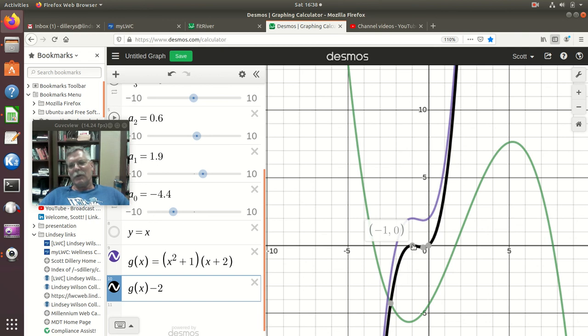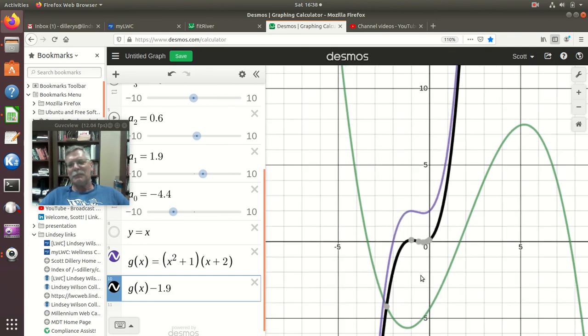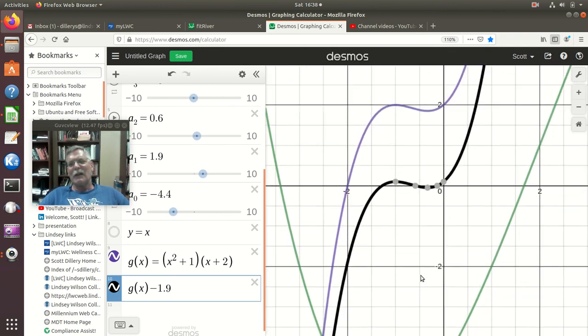One of these, this 0, I think is a double 0. In other words, that's also a little relative maximum point. The function never goes over that. If I lifted it up just a hair, so I did like minus 1.9, now I see more of these little dots, and so I could kind of lift it up.